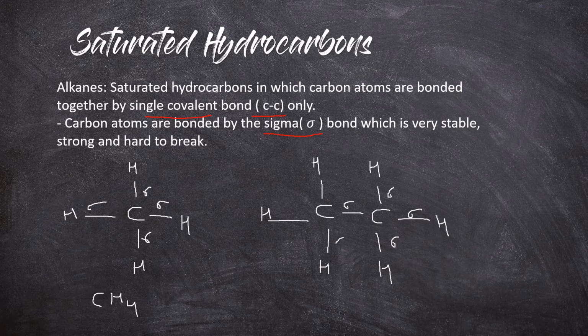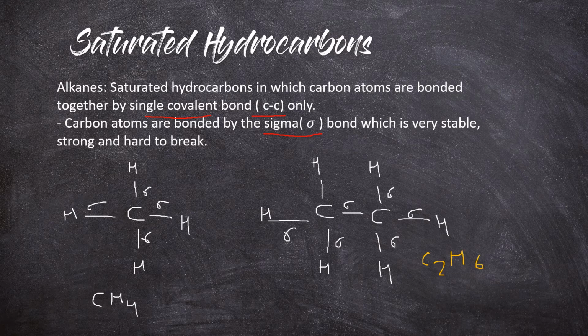So this is also a saturated hydrocarbon. How many carbons are here? Here is carbon 2, and how many hydrogens? 1, 2, 3, 4, 5, 6. So there are 6 hydrogens, C2H6.